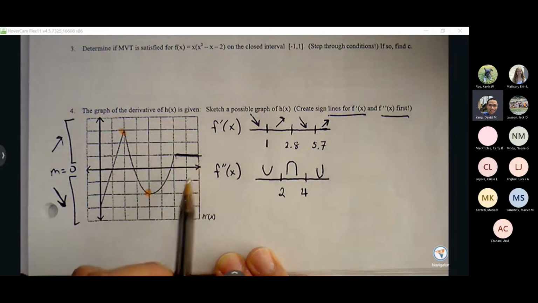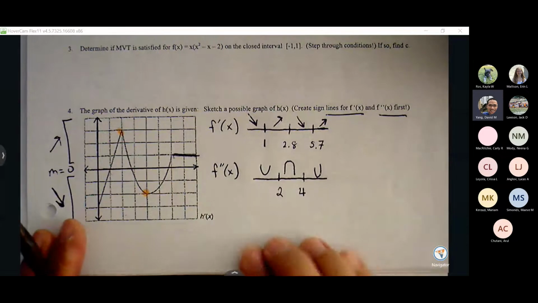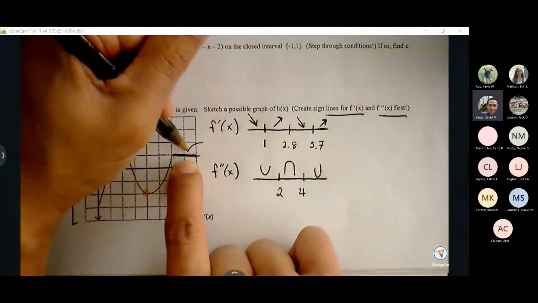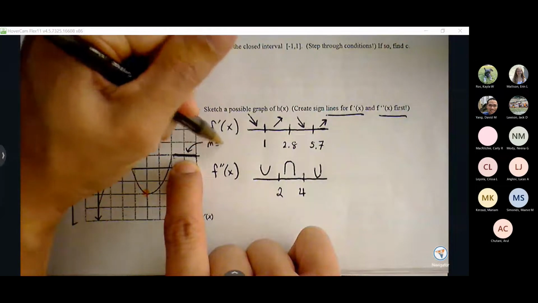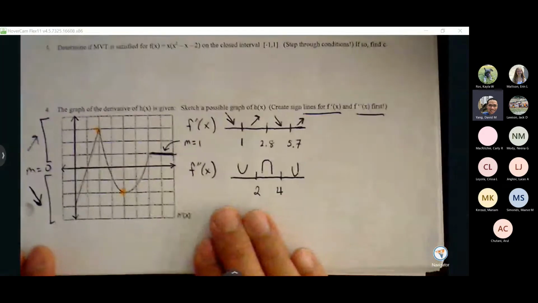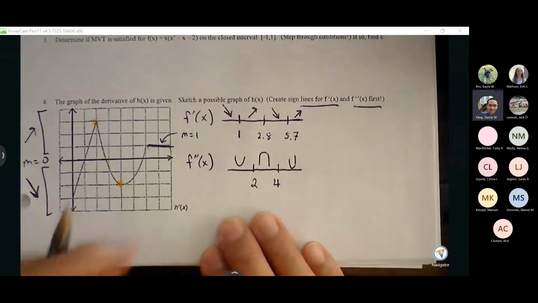So all of a sudden from a curve it turns into a slanted line, because that graph is going to hold a slope of 1 for this part of the graph. And slope of 1 is going to look like a slanted graph, right? Like a 45-degree angle. So let's sketch our graph here.